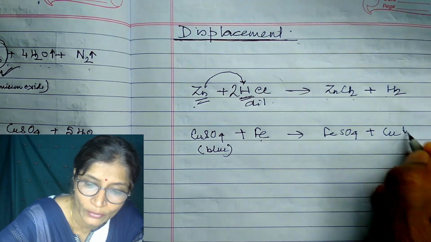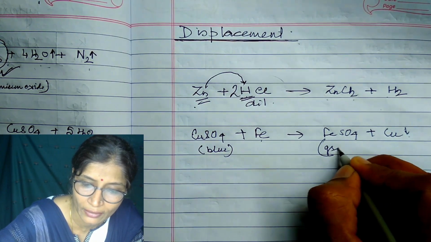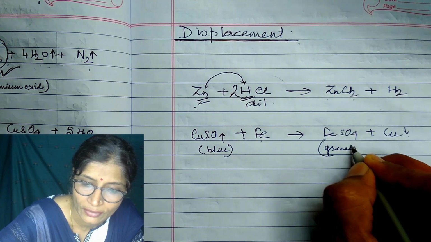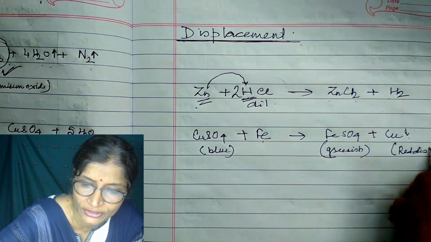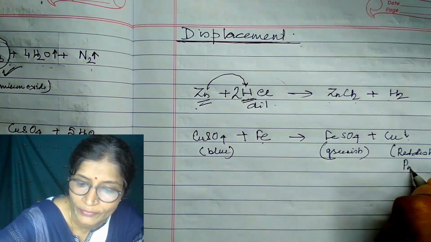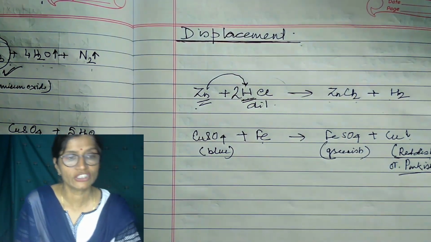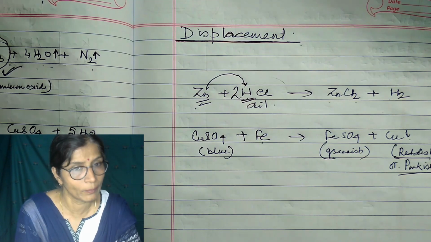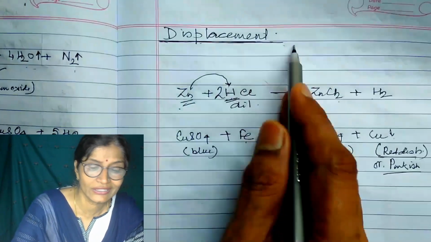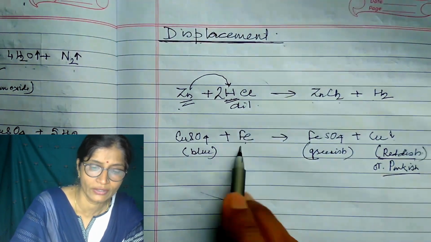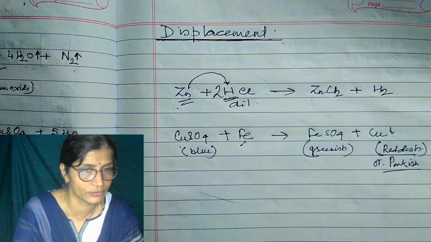So here you will get ferrous sulfate, that is greenish in color, and copper, that is reddish brown, or you can say reddish or pinkish. You will get reddish or pinkish colored copper precipitate. So this is the displacement reaction, where a metal which is more reactive displaces a less reactive metal from its salt solution.